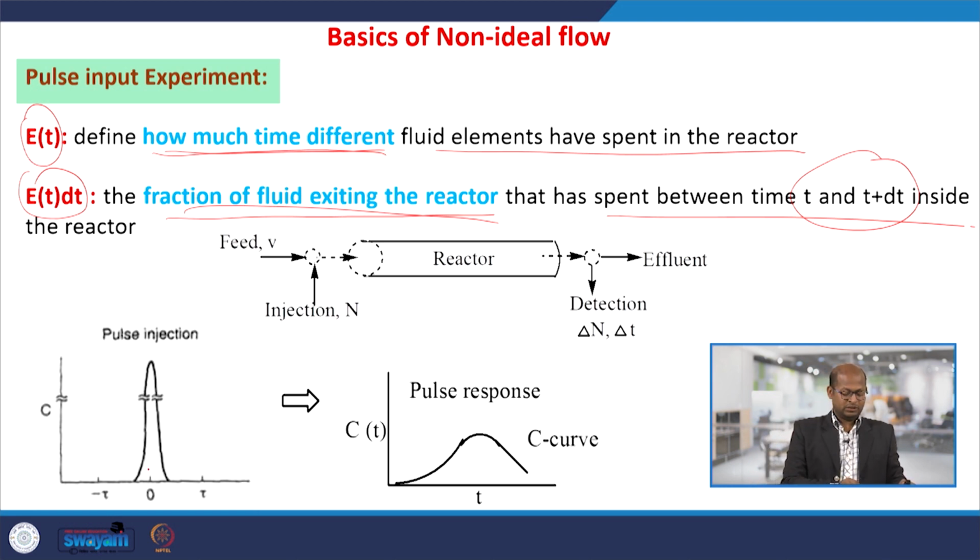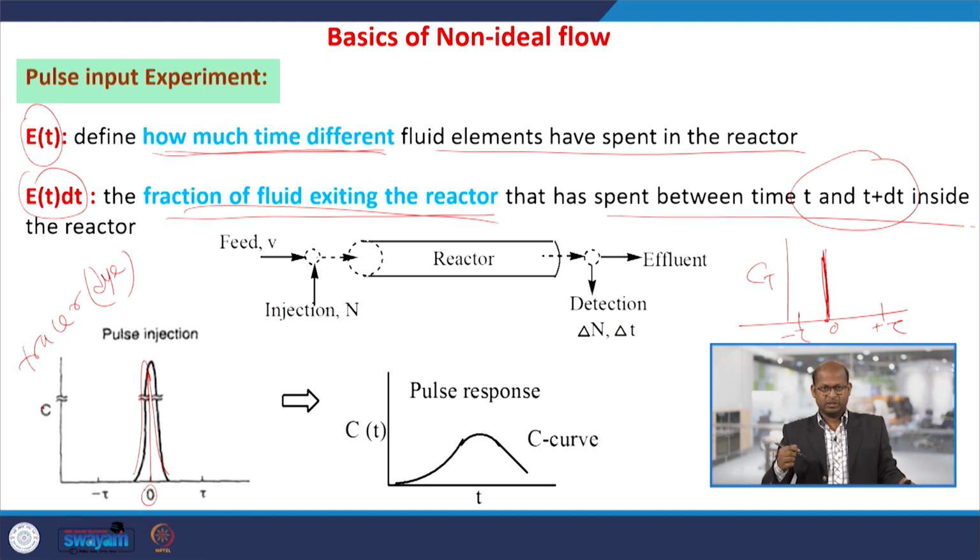This is the injection, the concentration of the tracer or dye that we have taken. Ideally the injection is instantaneous, like when we inject anything into our body, it should take a fraction of time, less than a second.